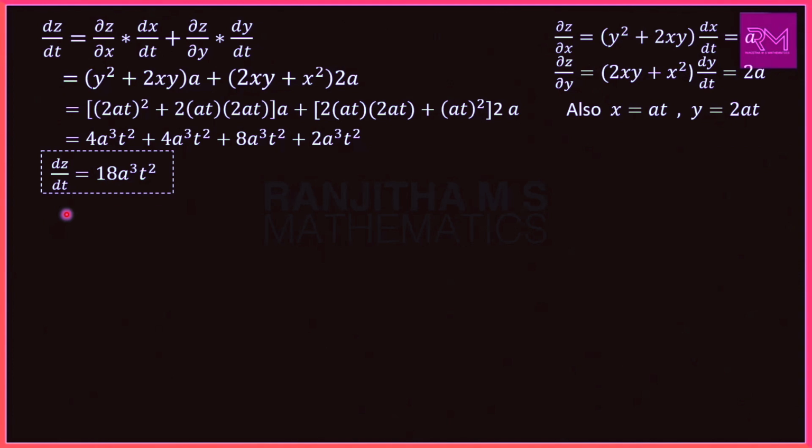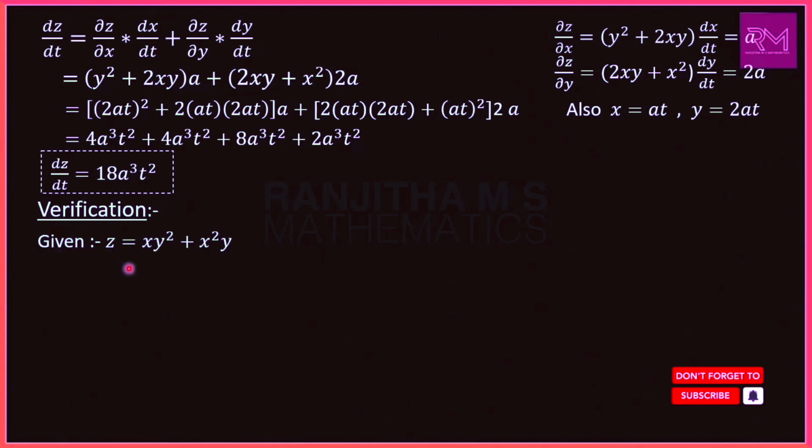In the given problem, we also have to verify the value by direct substitution. For that, consider the function z is equal to x y square plus x square y. By direct substitution, we substitute the values of x and y here itself and simplify.